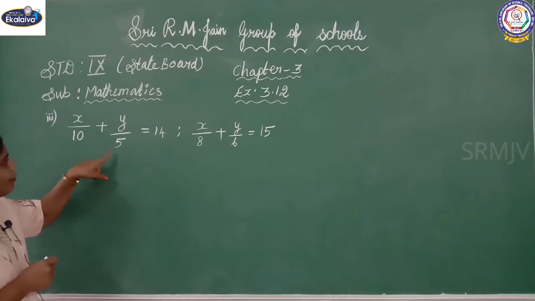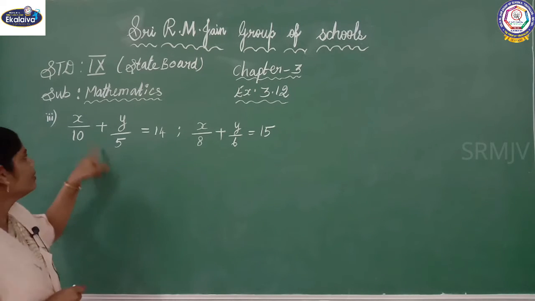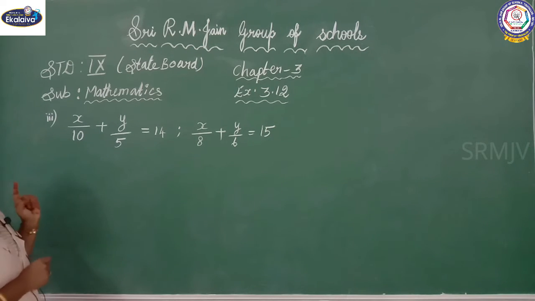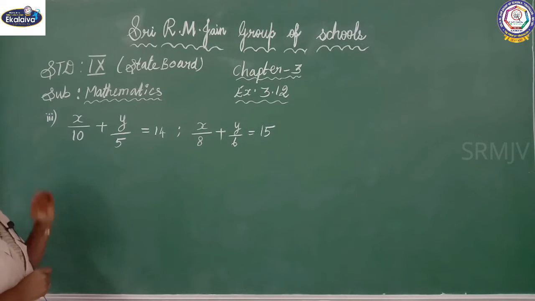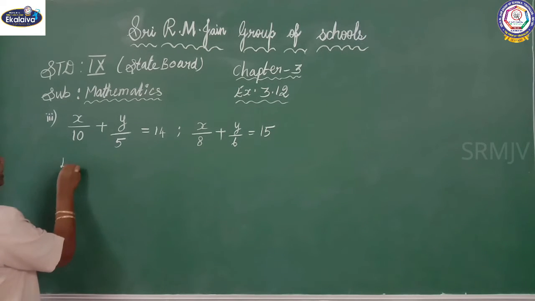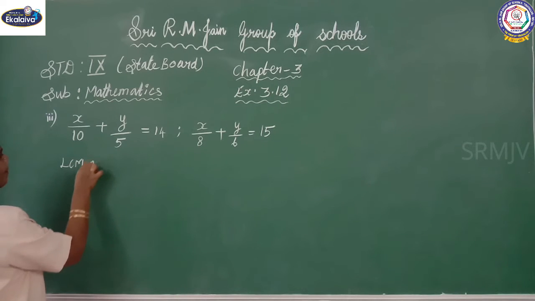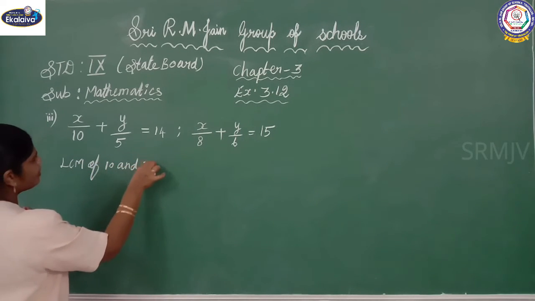So if you have denominators, you need to take the LCM. Here 10 and 5 are there. 5 is a factor of 10. So in this case, whichever is the highest, you consider as the LCM. So the LCM of 10 and 5 is 10.